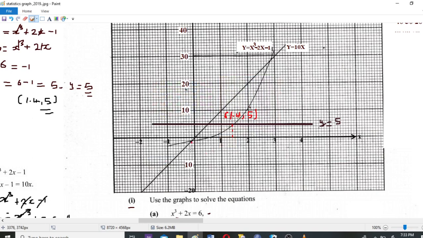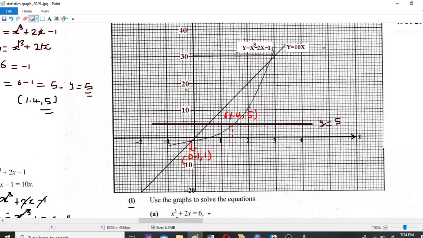If you check, it is giving you 0.1, comma 1. So this line is touching our curve at 0.1, that's 0.1 comma 1 in the y-axis.